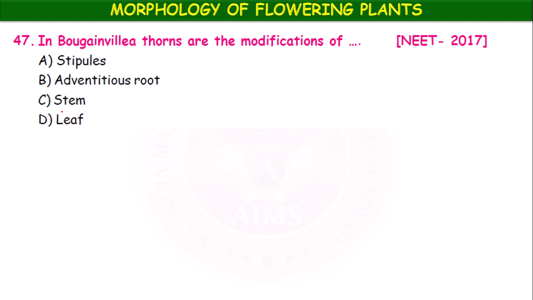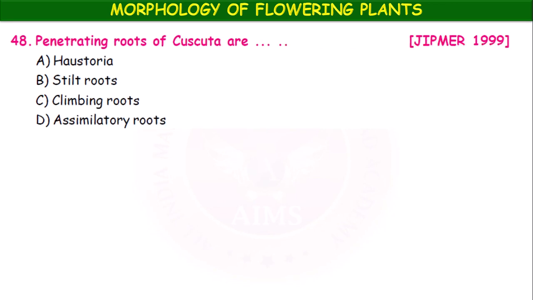In Bougainvillea, thorns are modifications of... Already we have discussed. Come on, children. It is the stem. The penetrating roots of Cuscuta are... Cuscuta is a parasite. In regular classes you have studied nutrition in plants, parasitic nutrition. Cuscuta is a complete stem parasite.